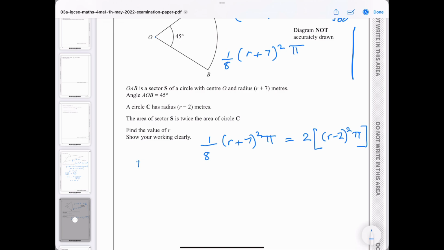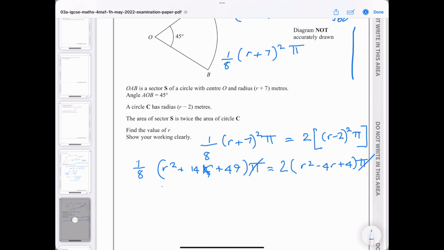So let's do 1/8, and that's r squared plus 14r plus 49, pi, equals, leaving that on the outside, 2 times r squared minus 4r plus 4, pi. The pis are going to leave us because we don't need to worry about those.